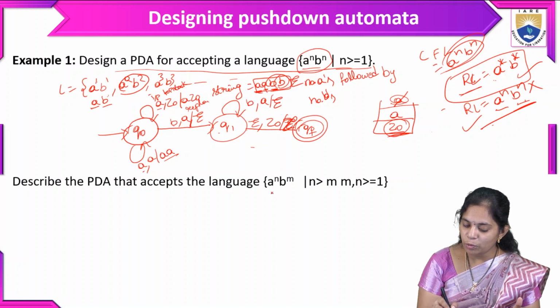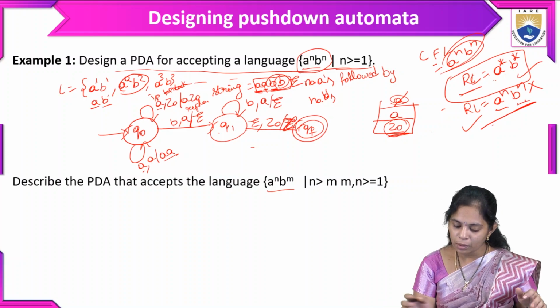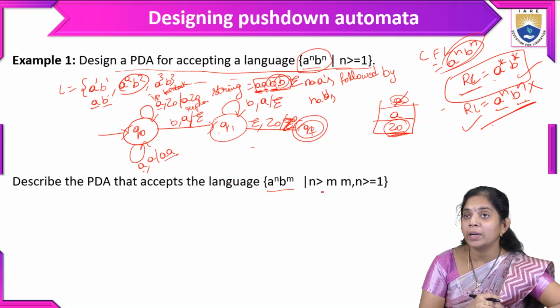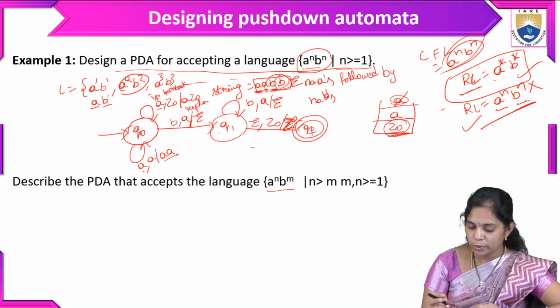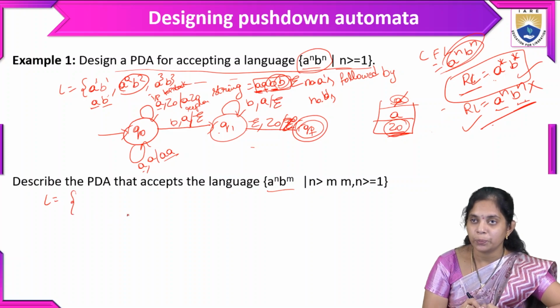And we'll take one more example, A power n, B power m, with one more condition, n greater than m. So here we'll write the language, then we will get clarity on what to do.